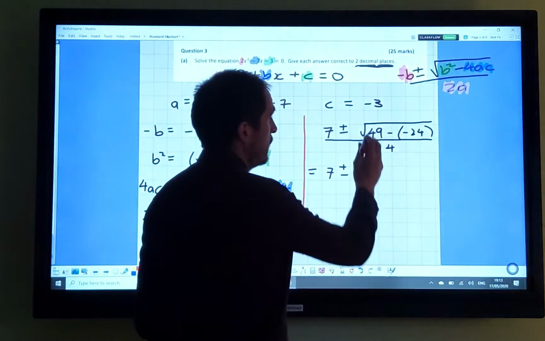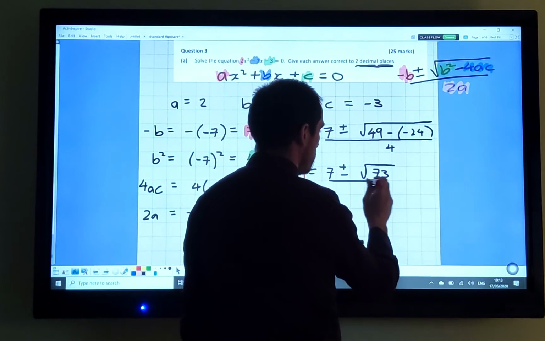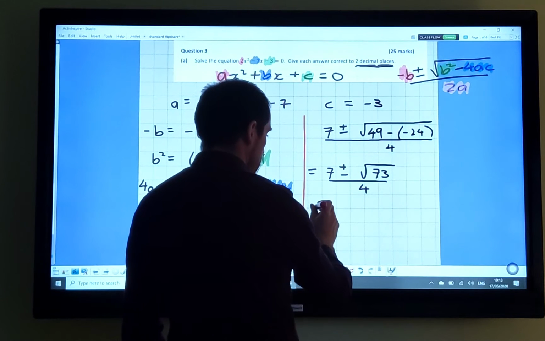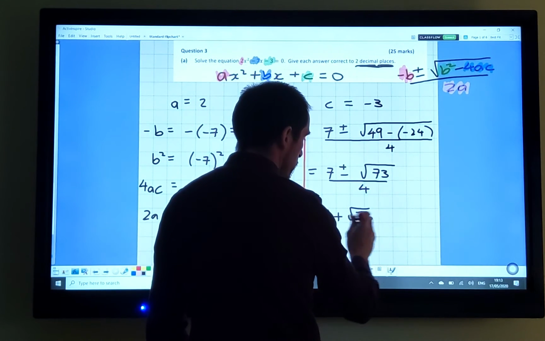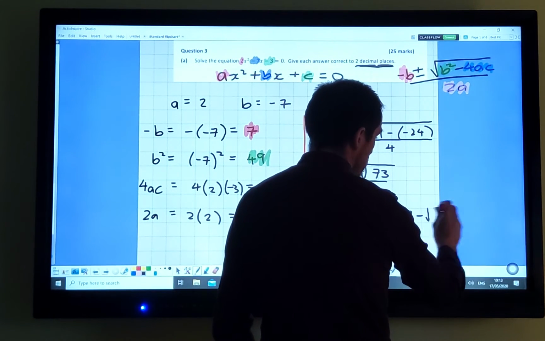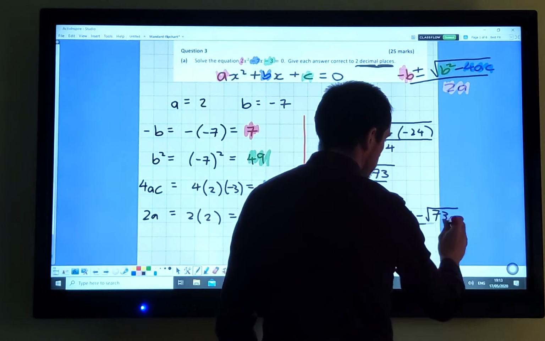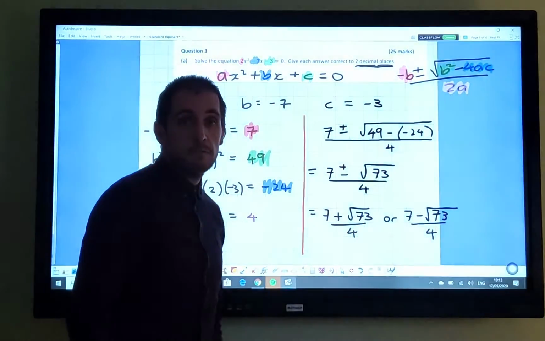So that's going to be 7 plus or minus the square root of 73 over 4. And that's equal to 7 plus the square root of 73 divided by 4, or 7 minus the square root of 73 divided by 4. Then it's just a matter of popping that into your calculator and you get your two solutions.